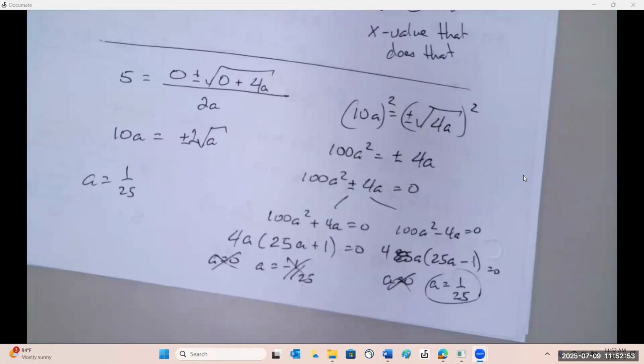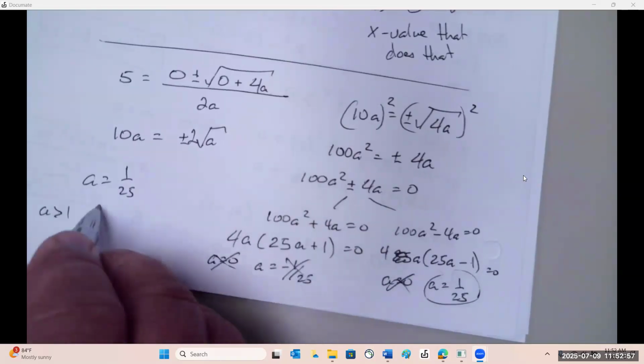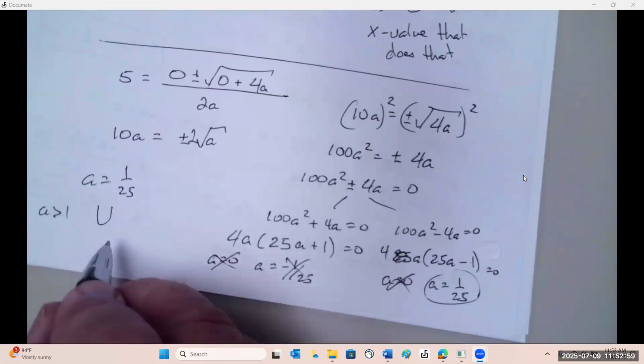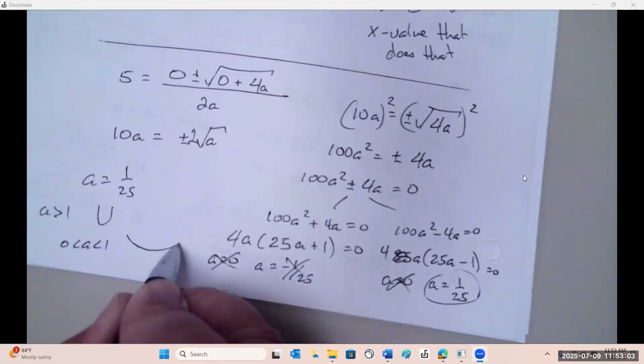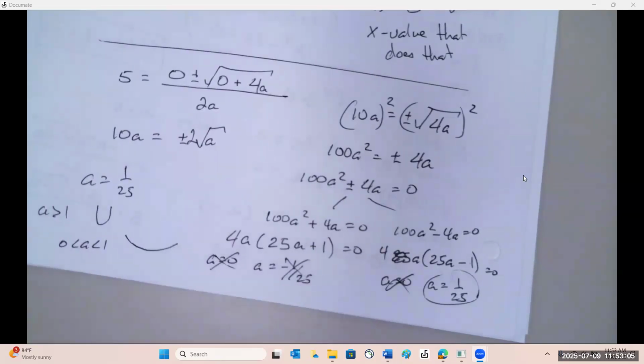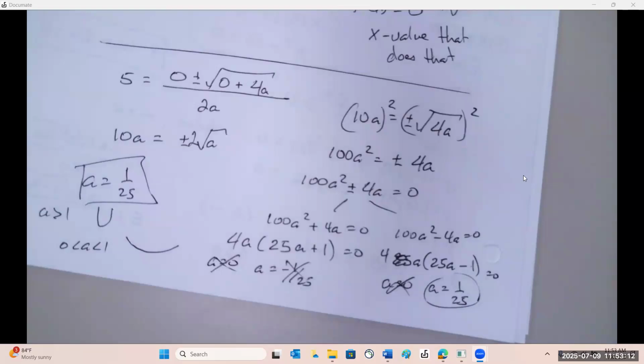The bigger a is, the more narrow it becomes. The smaller a is, the more wide it becomes. So we know a is 1/25th. We know c is -1, and we know b is 0 from that.